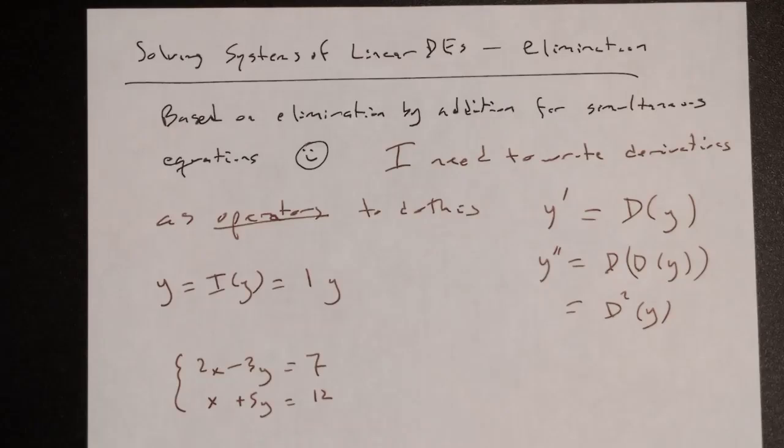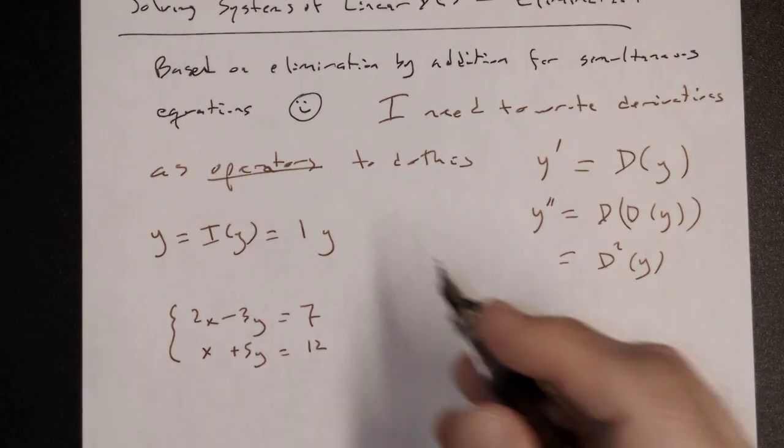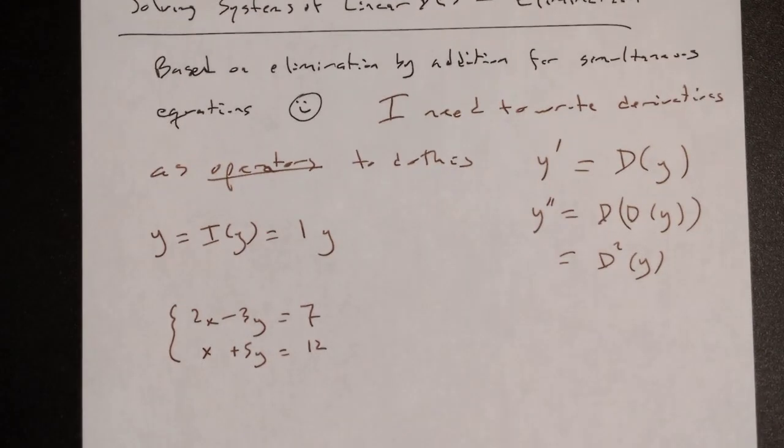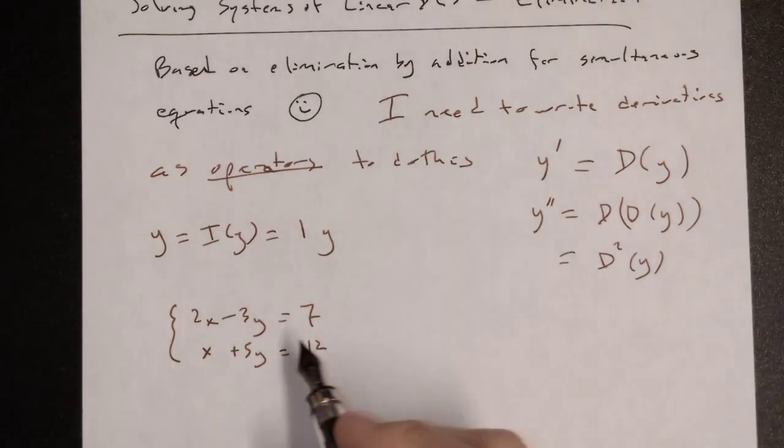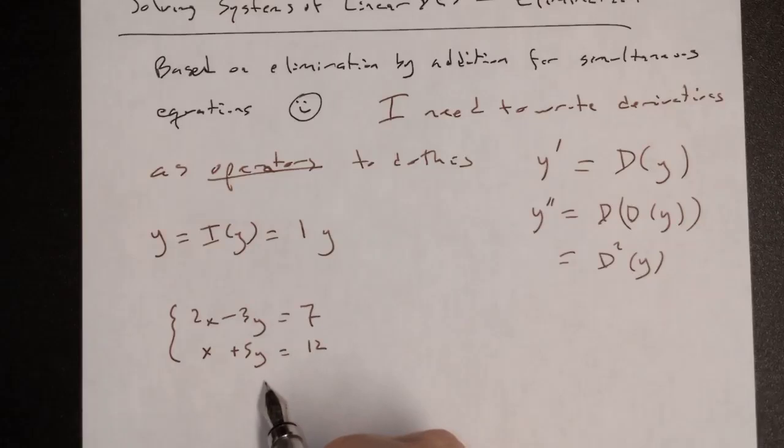How did I eliminate in a setup like this? I multiply by whatever is necessary to cancel out a variable. Exactly. So in this case, I could multiply the second row by -2, and I would cancel the x's. Or I could multiply both rows, right? Multiply the top row by 5 and the bottom row by 3, and then I'd be able to cancel the y's.